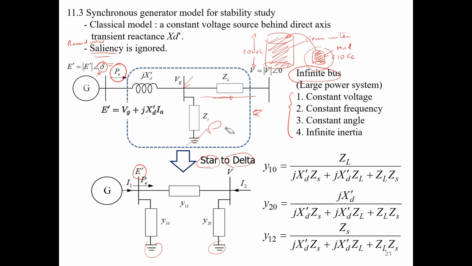So we transform this, and we formulate this in terms of Y. It is the multiplication: jXd' times CS, the multiplication of everything divided by the Z load, and we have the inverse. So we get Y10. Y10 is here, terminal 1.